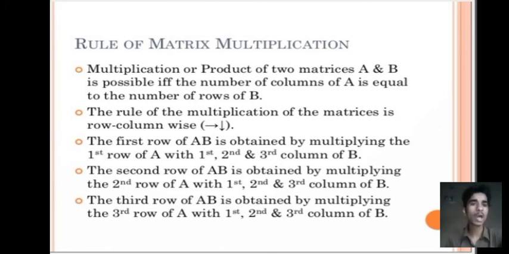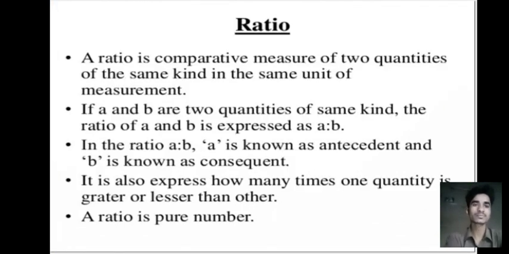The first row of AB is obtained by multiplying the first row of A with the first, second and third columns of B. The second row of AB is obtained by multiplying the second row of A with the first, second and third columns of B. The third row of AB is obtained by multiplying the third row of A with the first, second and third columns of B.